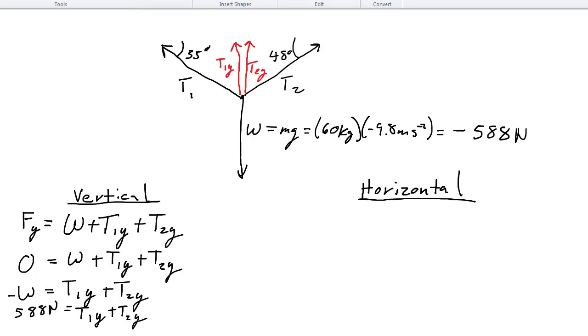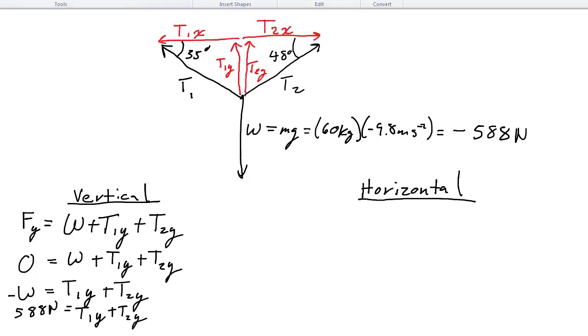Okay, so I know that horizontally this point is being supported in two directions, and those two directions must be equal to each other. And so I have an x component of this tension vector, so tension in the x direction from T1. I also have tension in the other x direction from T2.